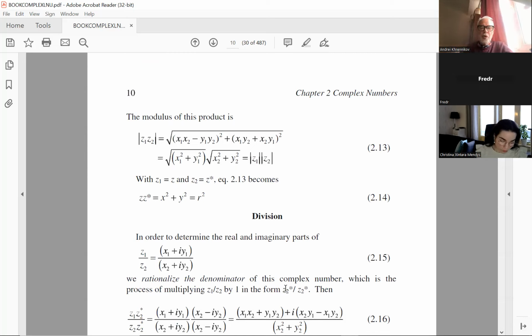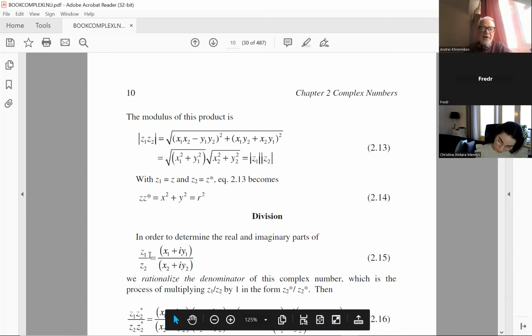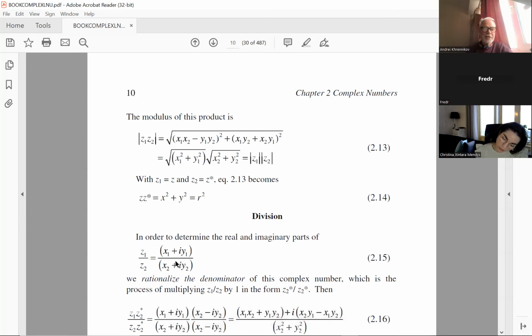What is more complex, but you should learn once in your life, is how to divide two complex numbers. So this is the expression. Your aim is to write this in the form of some real number plus i multiplied by another real number. But the problem is that i is in the denominator.